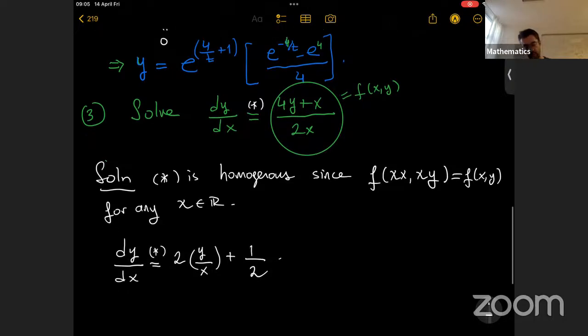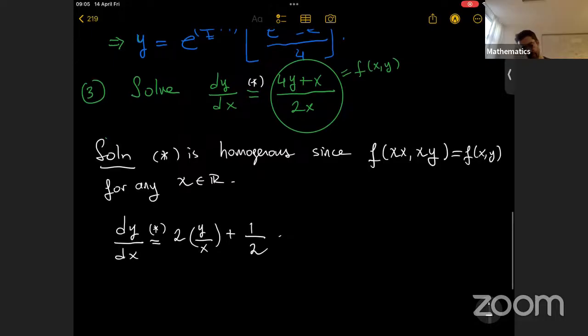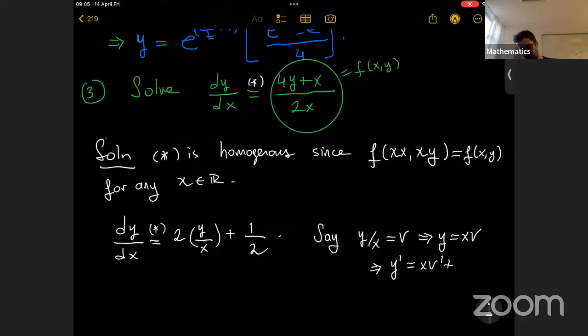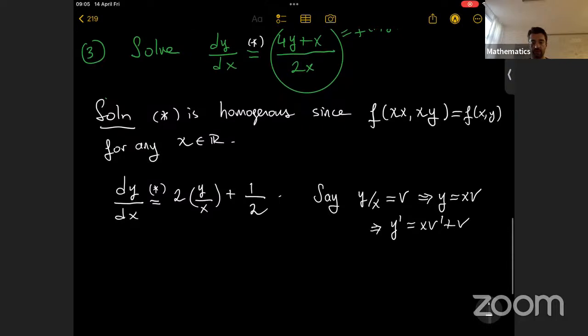Well, let's say y over x is v. Okay, so y is equal to x times v, then y prime is equal to x times v prime plus v. Okay, derivative of y with respect to x.